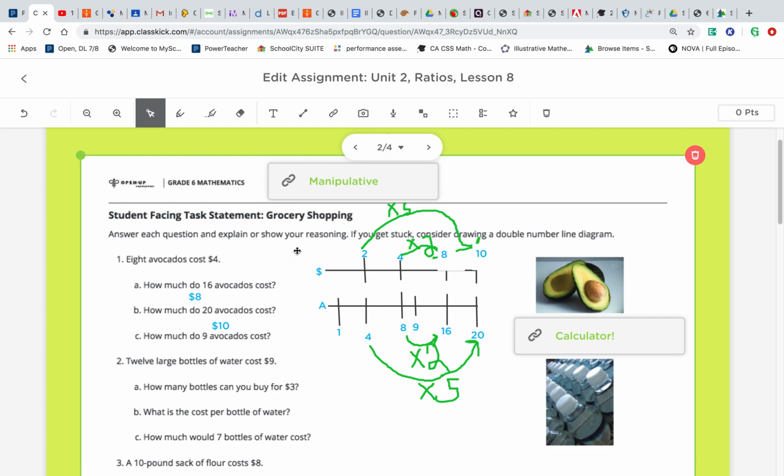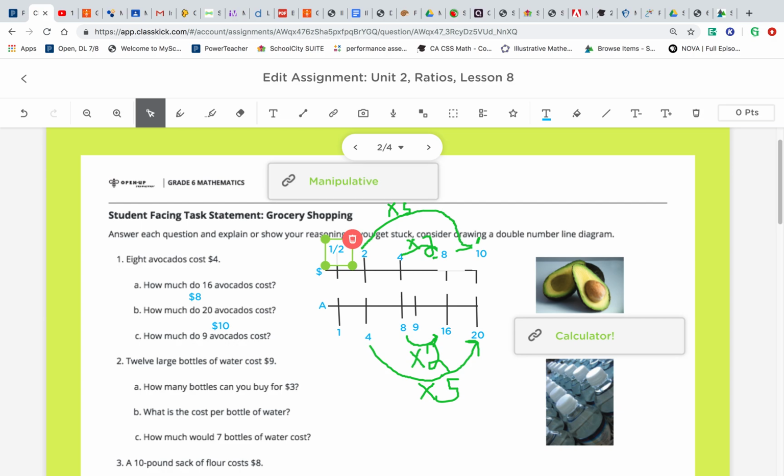So to go from 2 to this new tick mark, we're going to need to divide by 4, right? It's going to need to be 2 divided by 4. And 2 divided by 4 is really the same thing as 1/2. Right? So we can just call this 1/2. Okay? How much is 1/2 when we're talking about money?